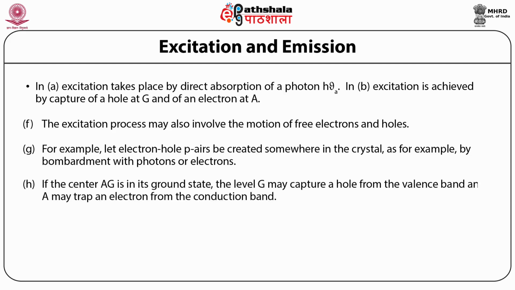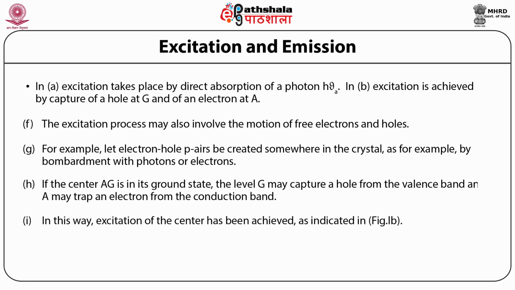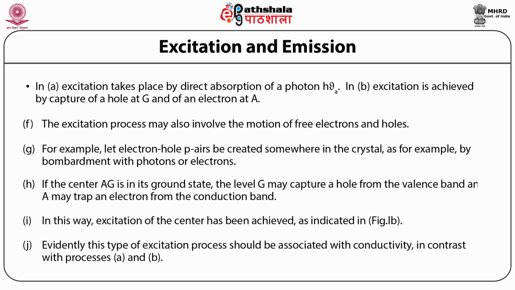If the center A_g is in its ground state, the level G may capture a hole from the valence band and A may trap an electron from the conduction band. In this way, excitation of the center has been achieved, as indicated in figure 1b. Evidently, this type of excitation process should be associated with conductivity, in contrast with processes A and B.